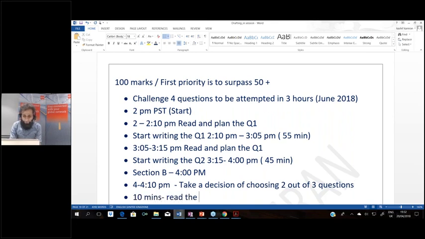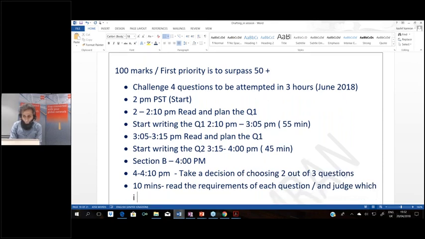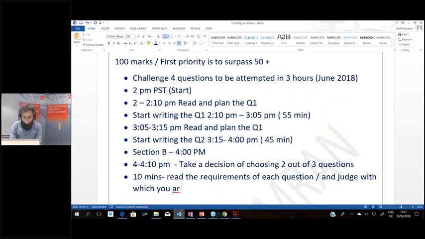You will read the requirement of each question and judge with which you are more comfortable. Once you read the requirements of the 3 questions and judge which you are more comfortable with, that means you have taken a choice of 2 questions now, in 10 minutes.